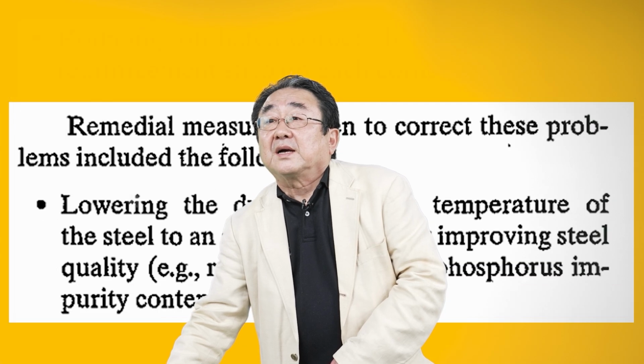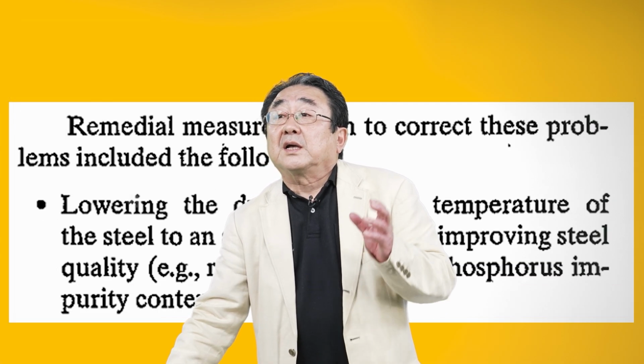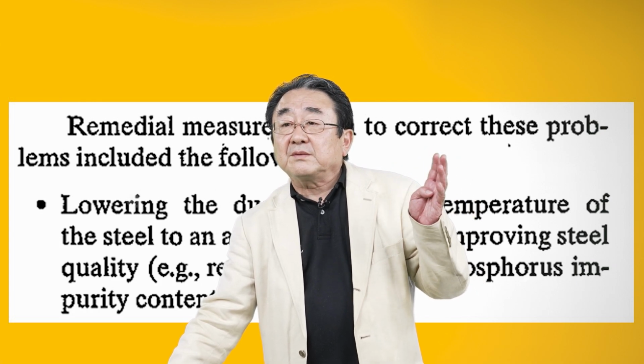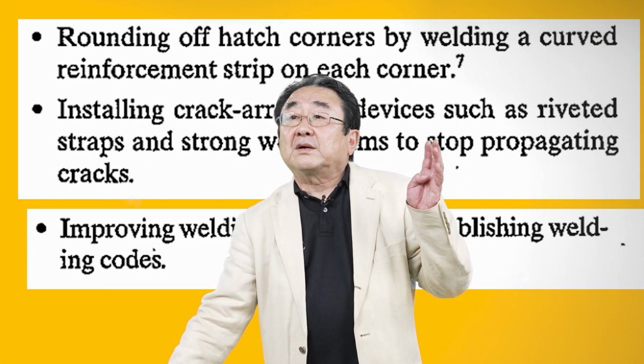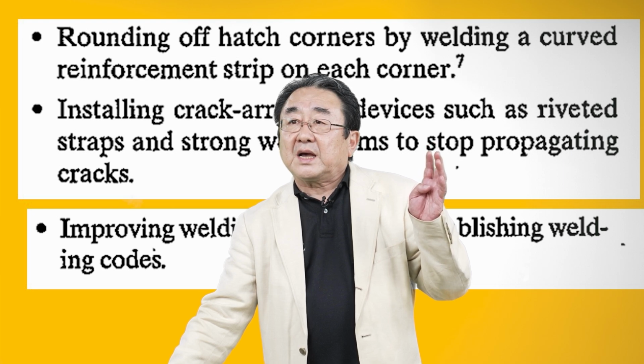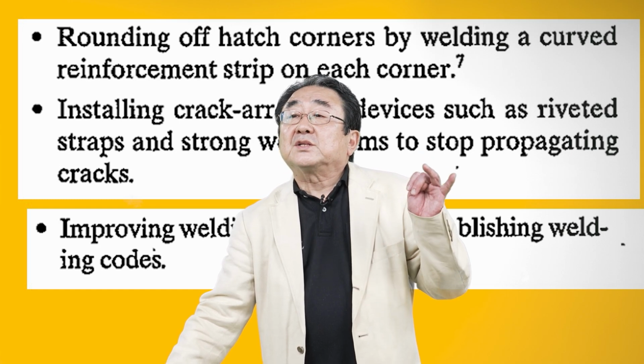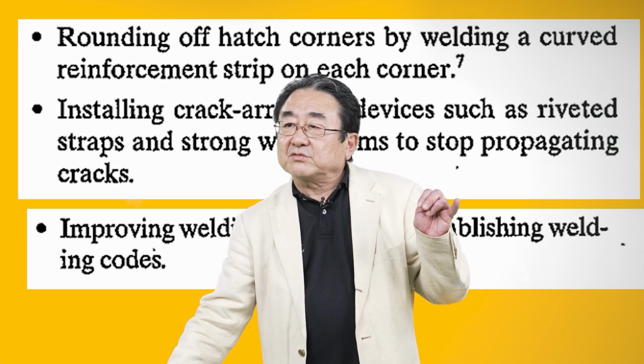So the new measures are improving the steel quality, rounding off the hatch corner, using rivets, and improving the welding technique.